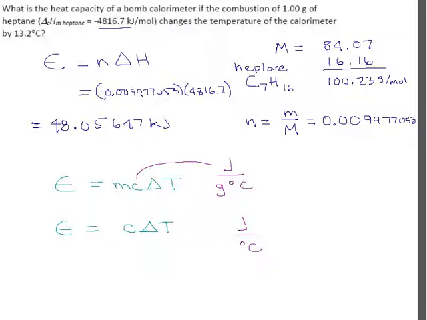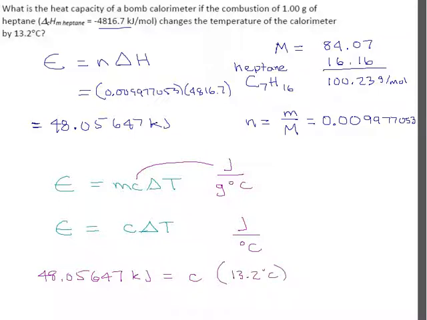And in this case, if we use the calorimeter formula, the total energy, well, we found that. It's 48.05647 kilojoules equals C, the specific heat. We're supposed to find that. We don't know what it is right now. And the temperature change is given as 13.2 degrees.